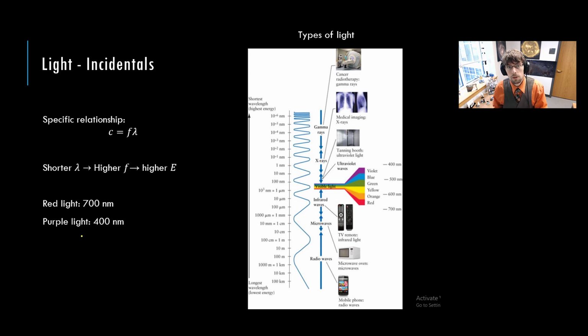And I'll give them to you here. Please, please, you need to have memorized that red light, red visible light, corresponds to 700 nanometers, and purple visible light corresponds to 400. Right? I want you to have those 2 numbers memorized so that you know the range of wavelengths for visible light.